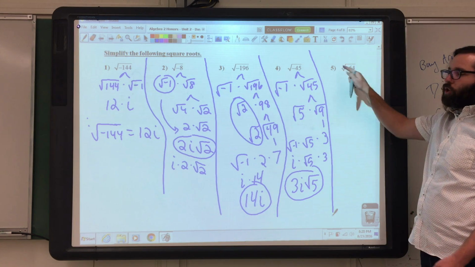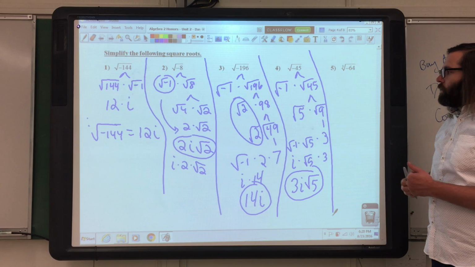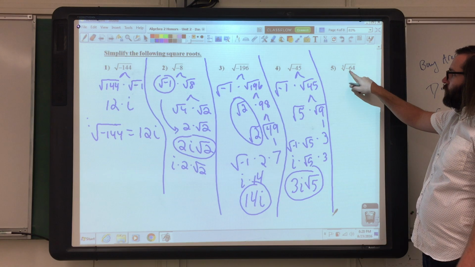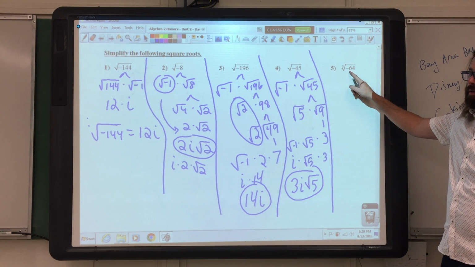Okay, number 5, we have a cube root of negative 64. Now, cube roots are a little different. We're looking for 3 things that will multiply to give you negative 64.